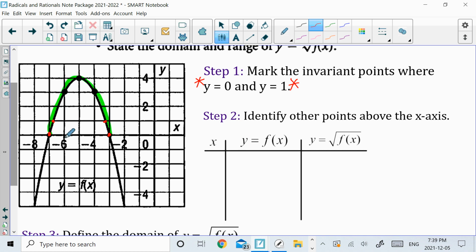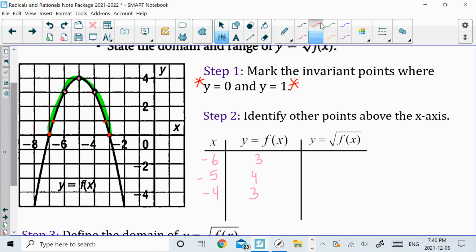I'm going to take this point here, which is x is -6 and y is 3. Then I'm going to take this point on my original when x is -5 and y is 4. And then this point for my original when x is -4, y is 3.